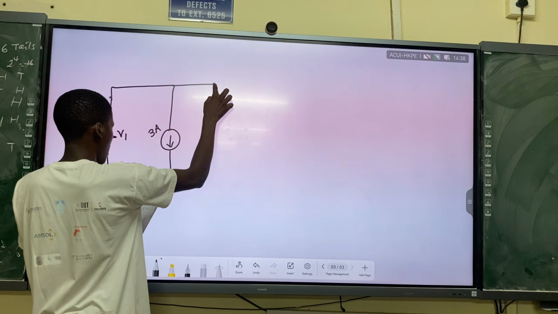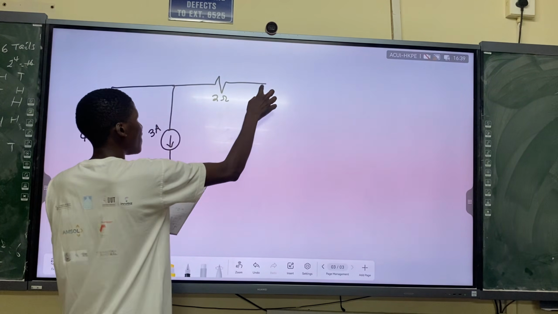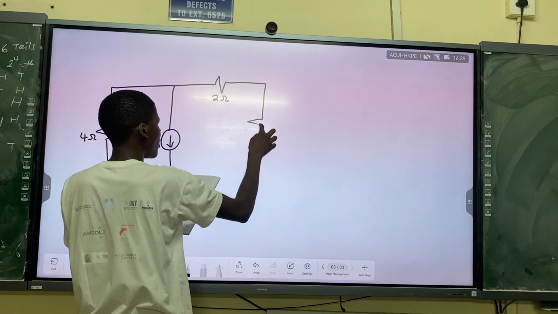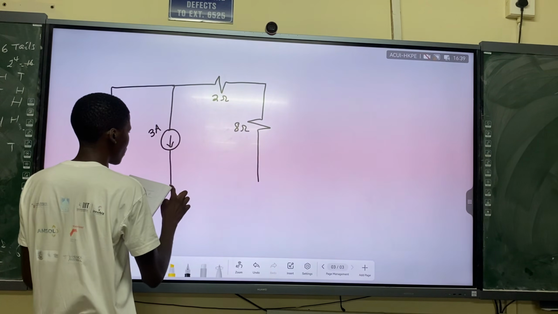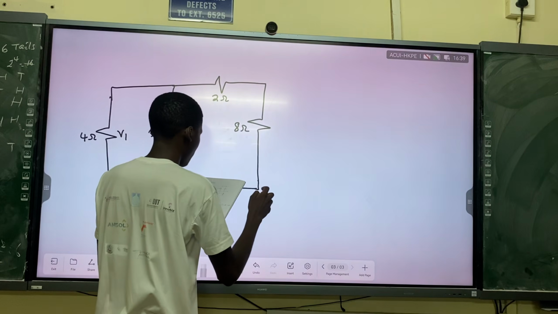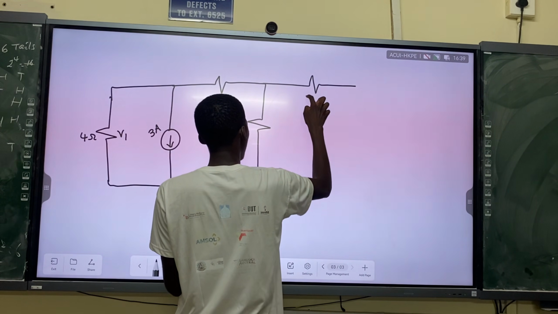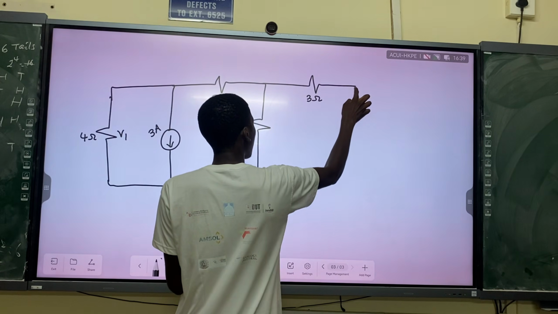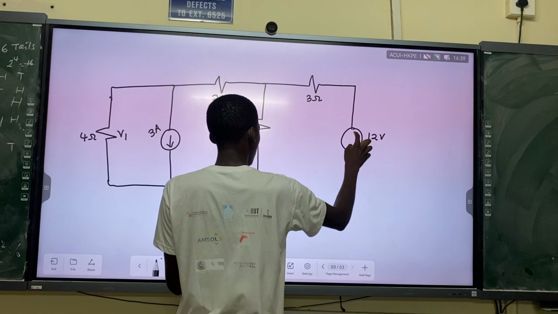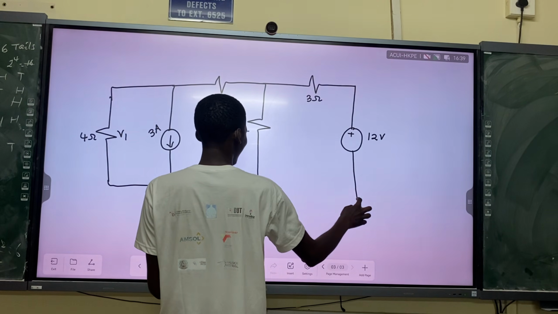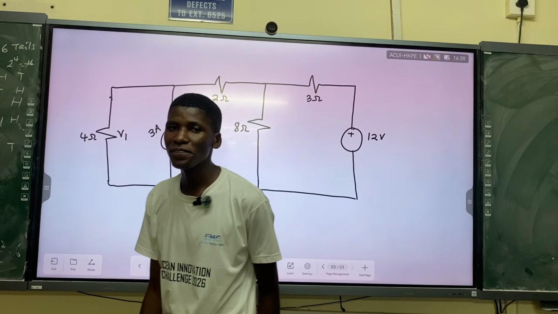Then we're going to have 2 ohms, and then 8 ohms. And then we're going to have 3 ohms, and 9.